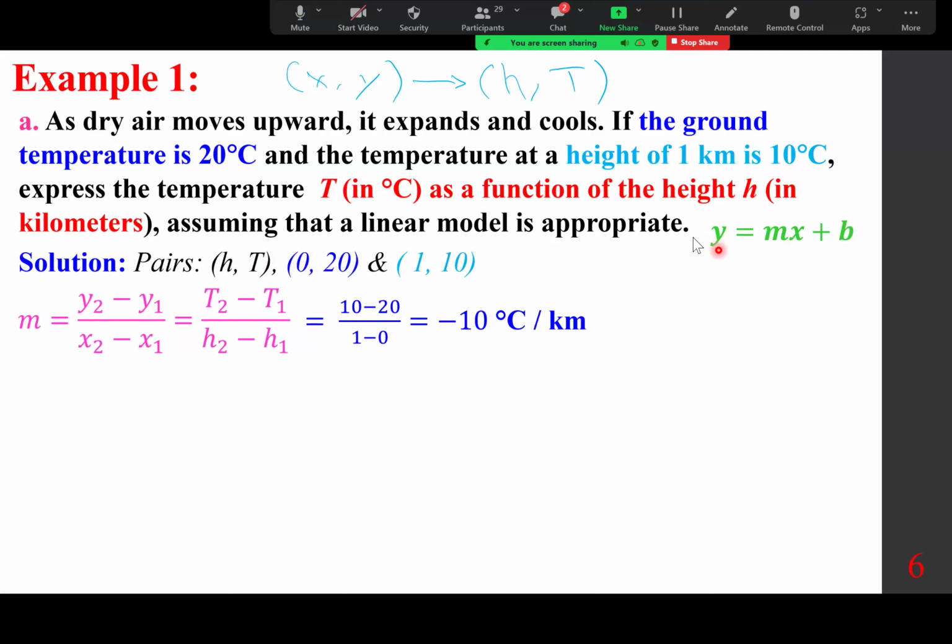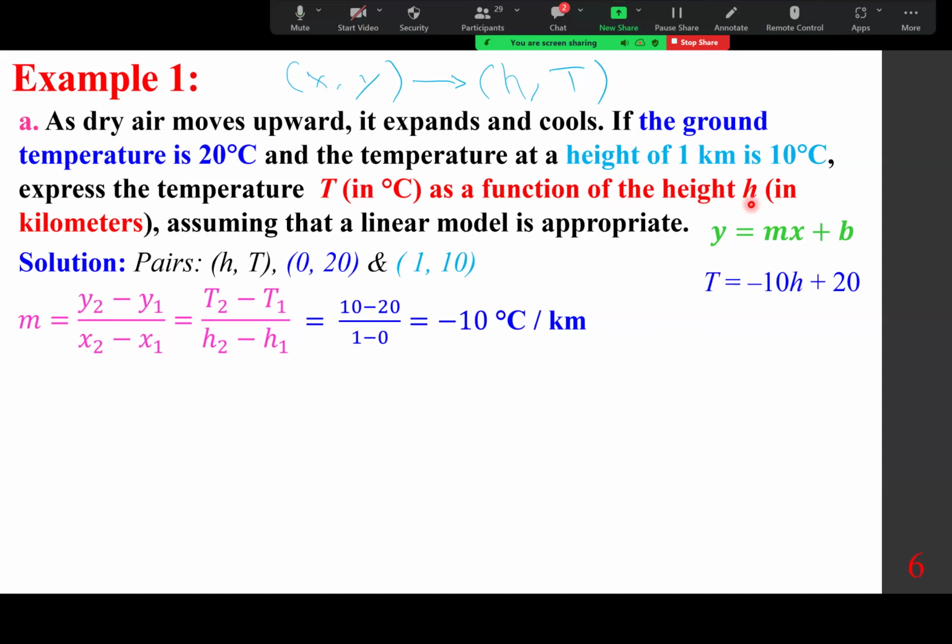So t equals m, negative 10, and instead of x, we're going to go with h, plus 20. T is minus 10h plus 20. T as a function of h. T is the dependent variable. H is the independent variable.